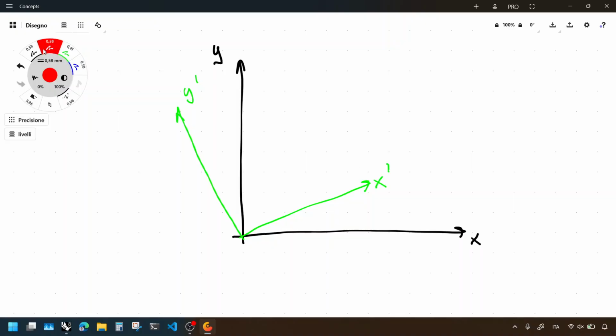And then we can project the first axis on the old system, and we can do the same for y, like this.